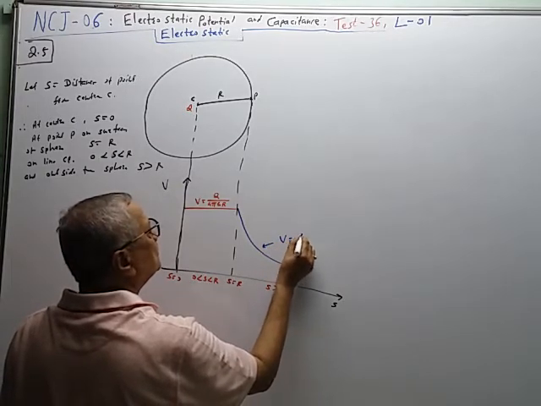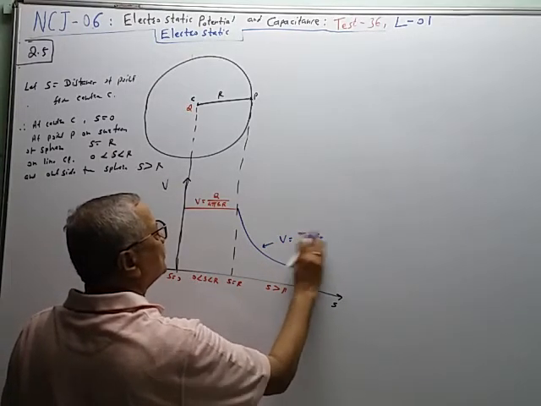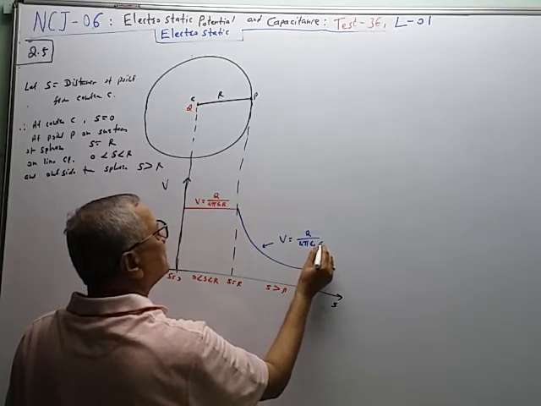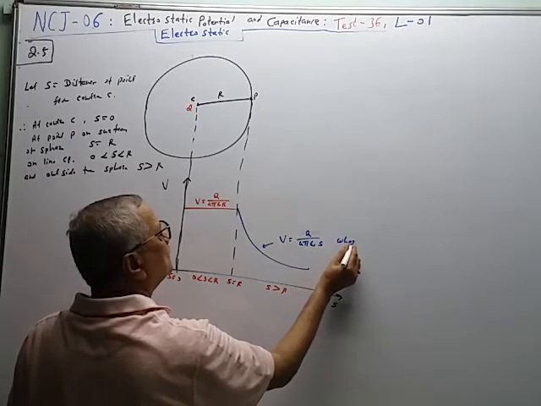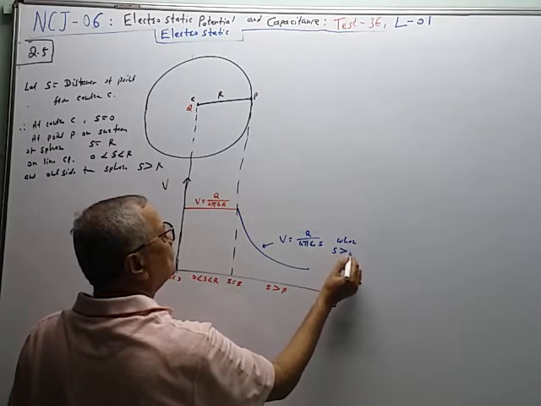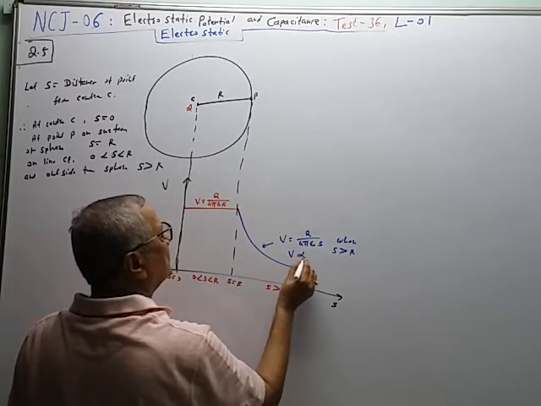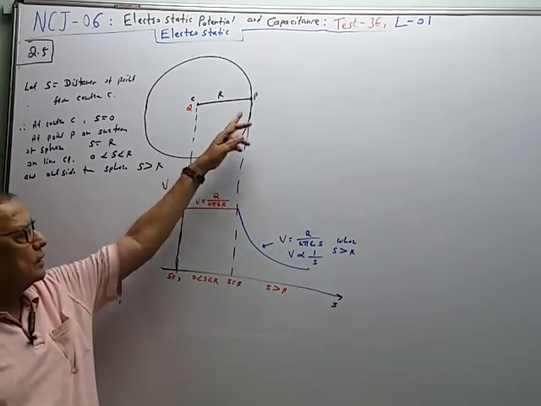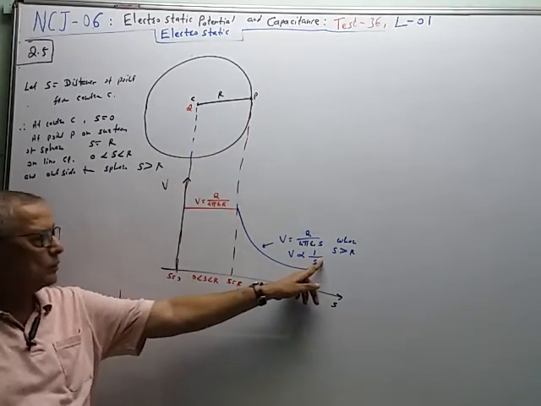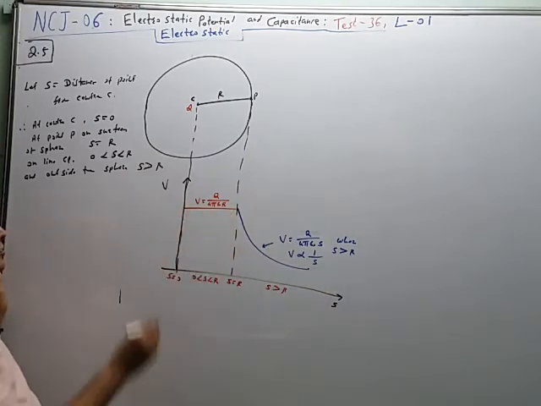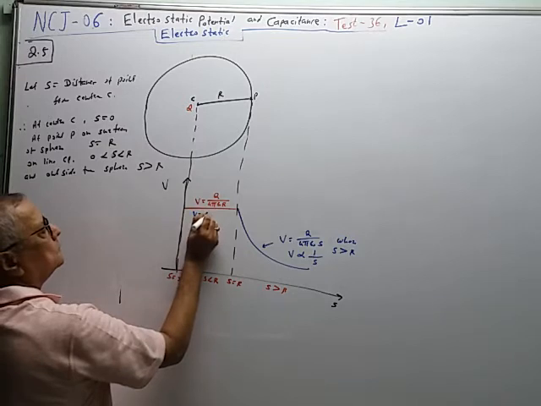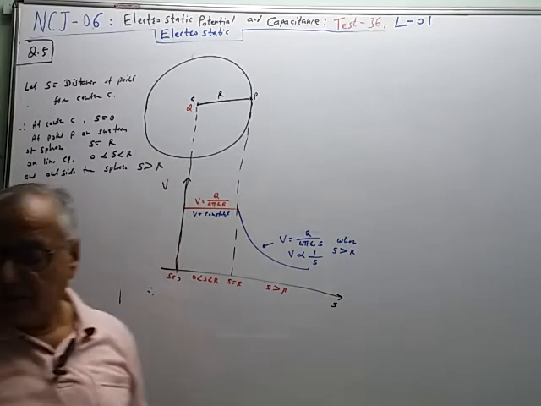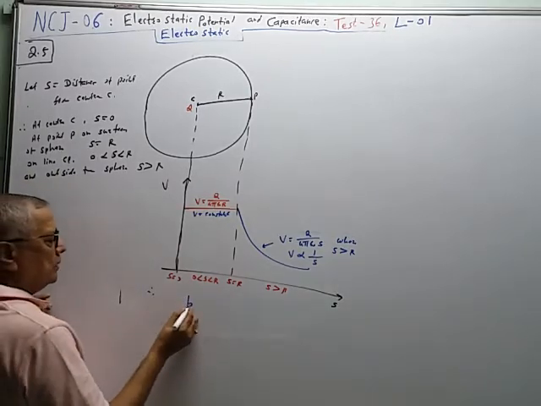V is equal to Q upon 4 pi epsilon naught S, where S is greater than R, and therefore V is inversely proportional to S. So outside the sphere, the potential decreases with respect to distance, and in this region potential remains constant. V is equal to constant, and therefore the correct choice is B.